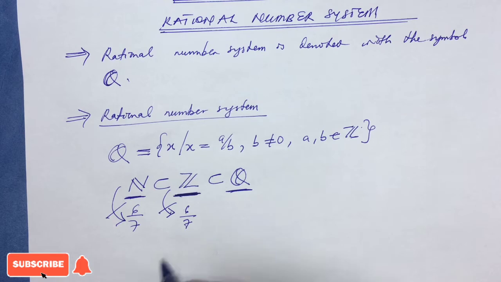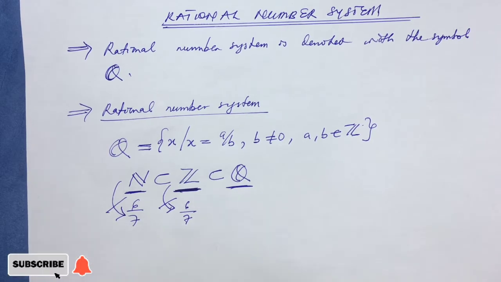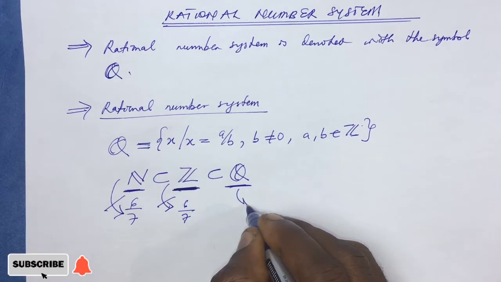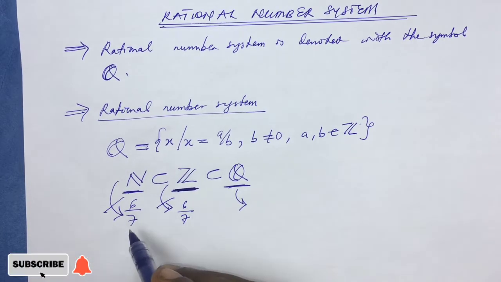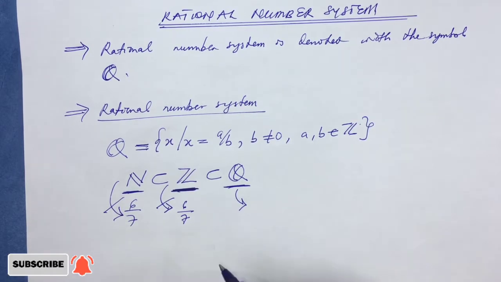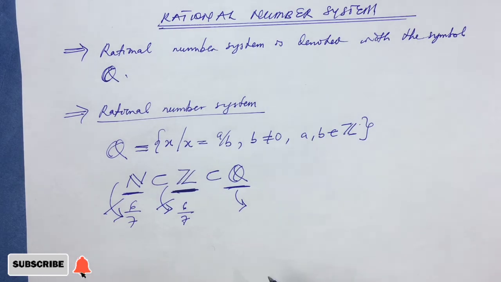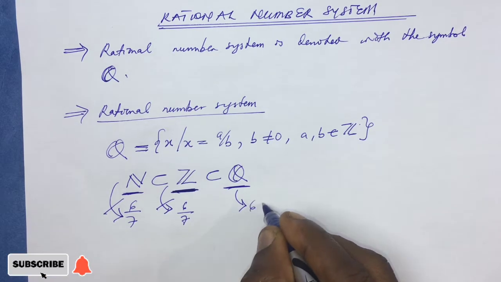But there is a system that accommodates results like this, results in their simplest form and in fractional form, such that the denominator is not 0. That system is called the rational number system. Whereas 6 over 7 cannot be accommodated in N, the set of all natural numbers, or in Z, the set of all integers, 6 over 7 can be accommodated in this system.